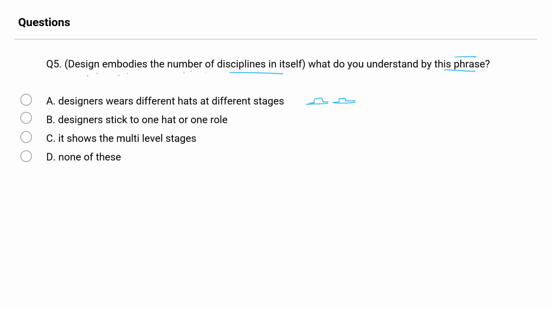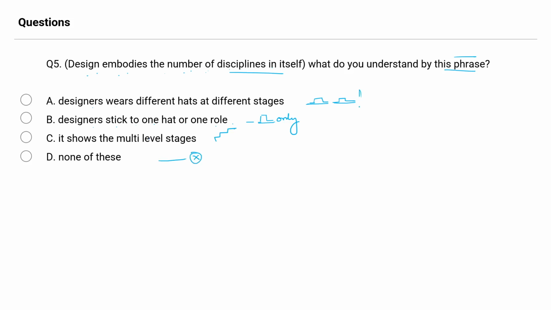Okay, so there are different hats which one wears. Designers stick to one hat or one role. Okay, like their role is design, so they will be designing only. It shows the multi-level stages and none of these.